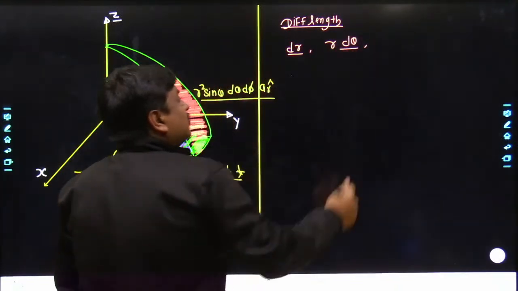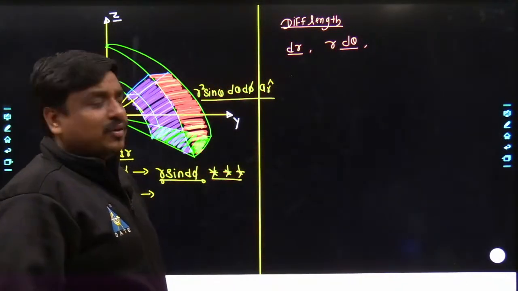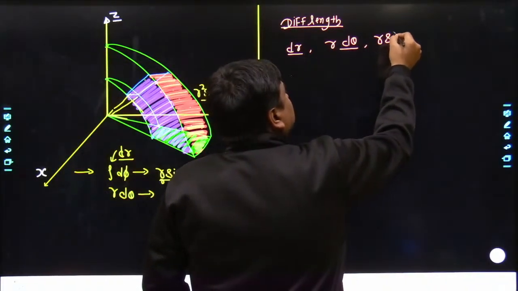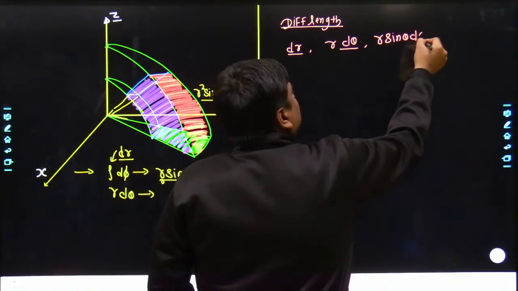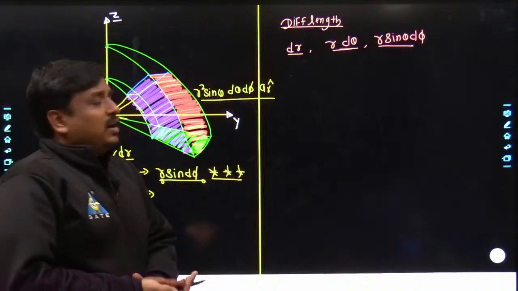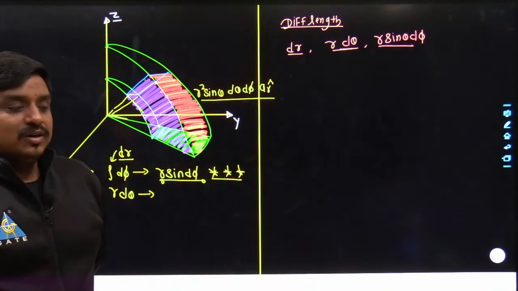And similarly, because of the change in phi, which used to be rho d phi, and rho can be easily converted in the spherical coordinate system as r sin theta, and here goes d phi. So basically you would be using three different differential lengths when we work in the spherical coordinate system.